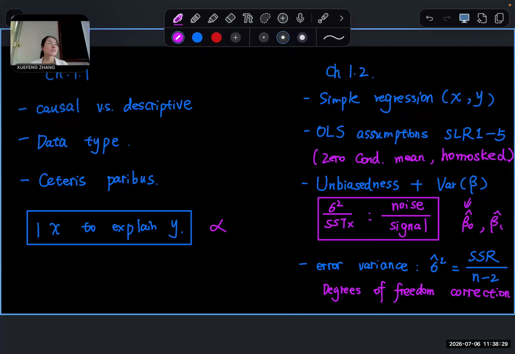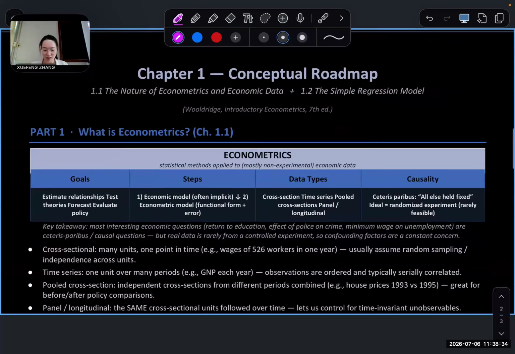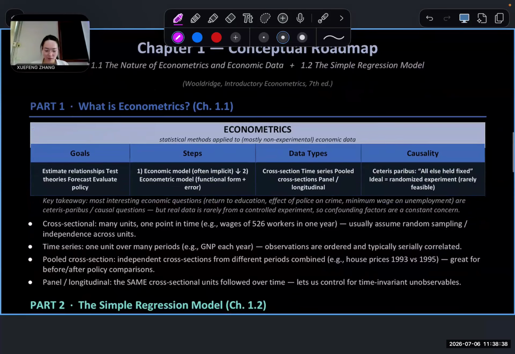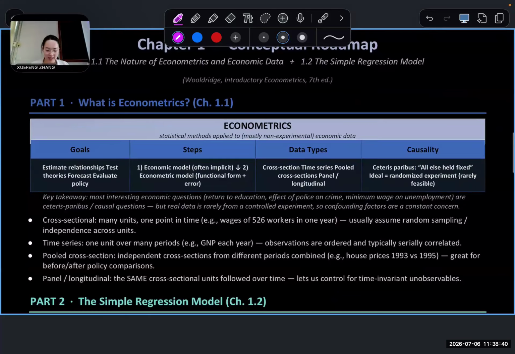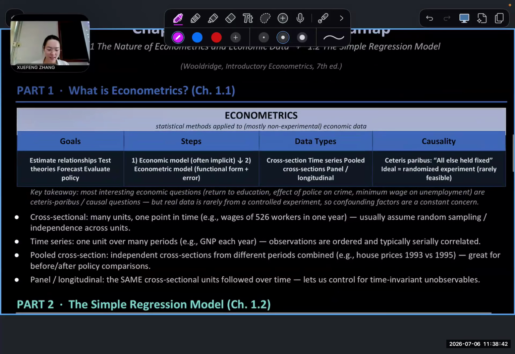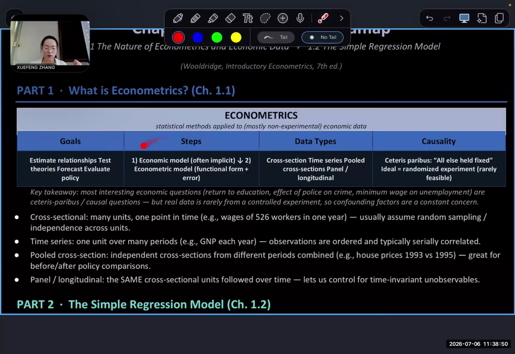How many is enough? Okay, so let me go through a quick roadmap about chapter 1. The first one, what is econometrics, right? The goal, estimate relationships. We want to test theories, forecast, evaluate policy. So we need econometric model, and then we're gonna have our economic models, okay?